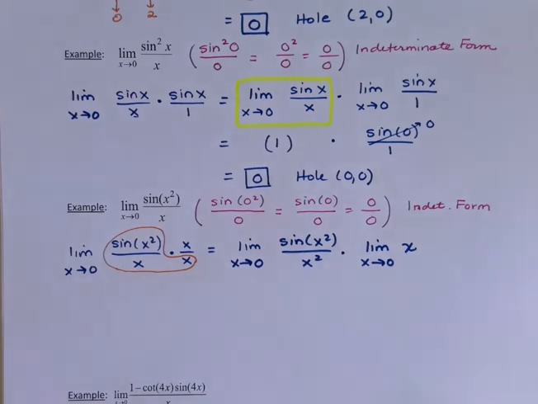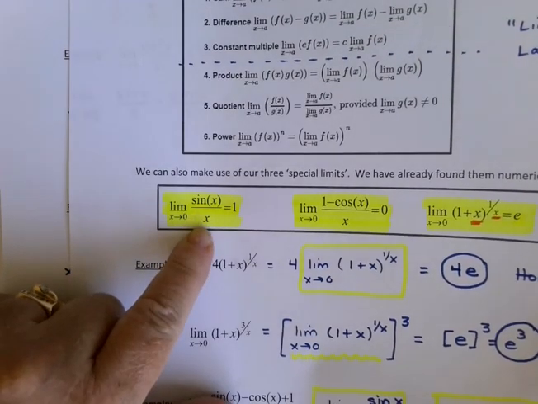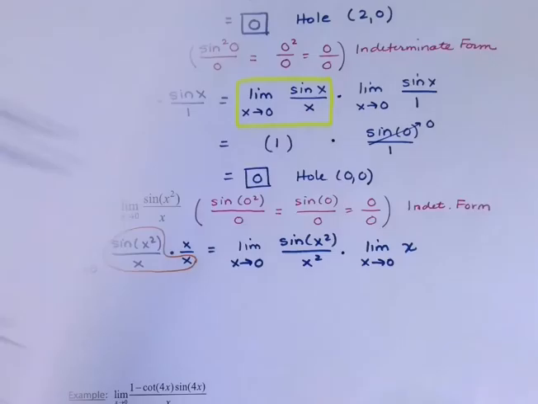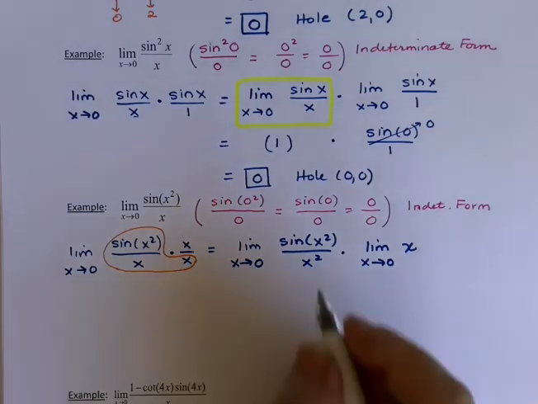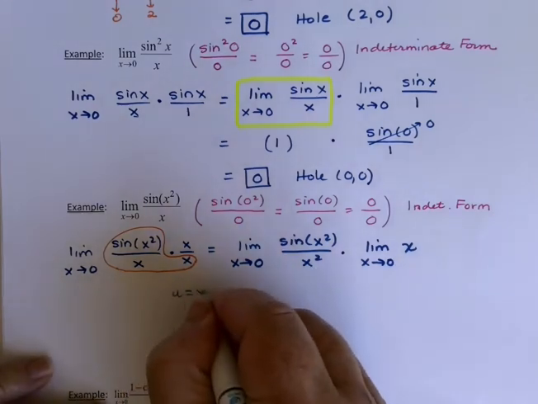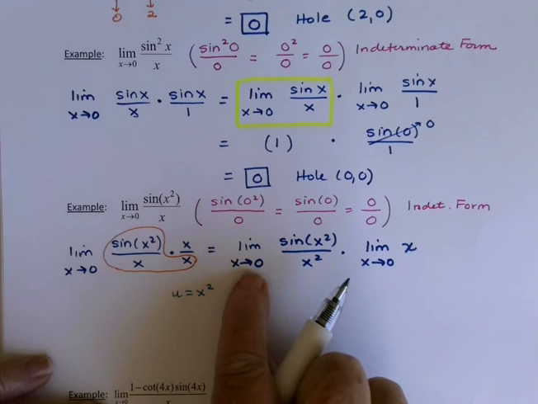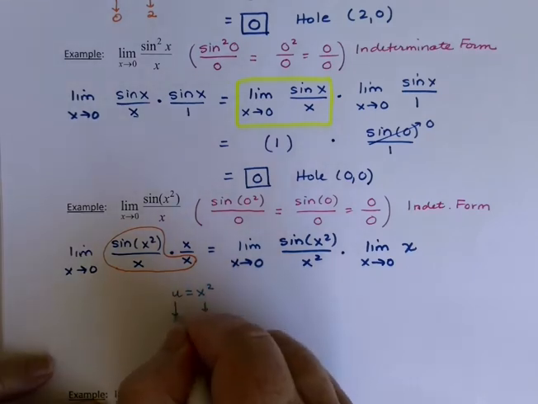This first part is almost a perfect match, but of course what I really had here were x's and not x squareds. So once again, I can handle that with a little substitution. I could say, let's let u equal x squared. Since x is approaching 0, 0 squared is still 0.